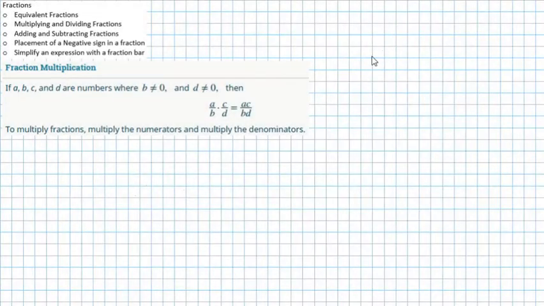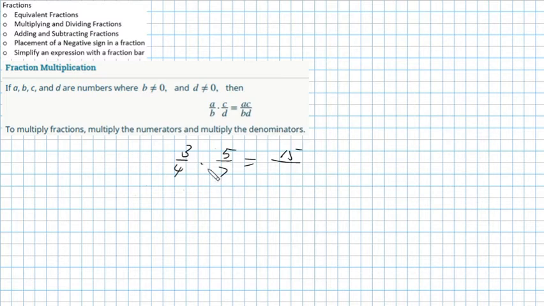When we multiply fractions, what we do is we multiply the numerators and then we multiply the denominators. So let's take a case like let's say we have 3/4 times 5/7. Well, when we multiply the numerators, we get what? 3 times 5, 15.